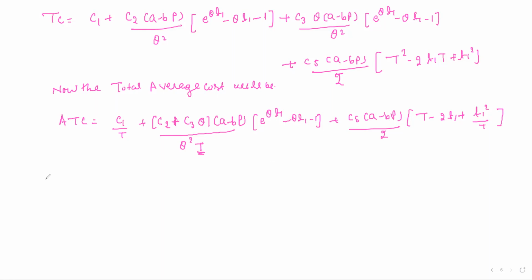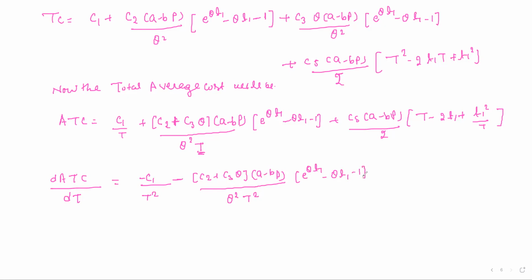Okay, so now we find dATC upon dT. So it will come minus C1 upon T square minus C2 plus C3 theta (A minus BP) upon theta square T square, e to the power theta T1 minus theta T1 minus 1, plus Cs (A minus BP) upon 2, 1 minus, this becomes 0 because we are doing partial differentiation, minus T1 square by T square, and this is equal to 0.